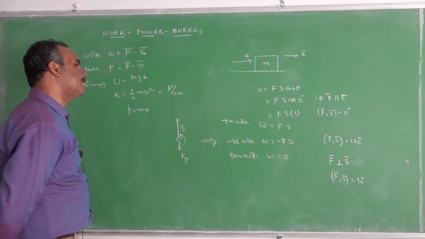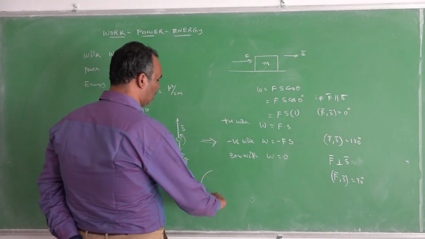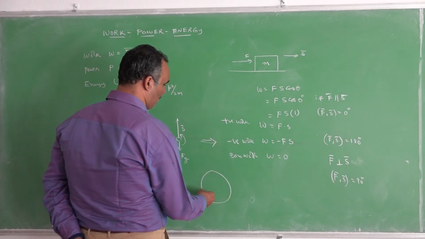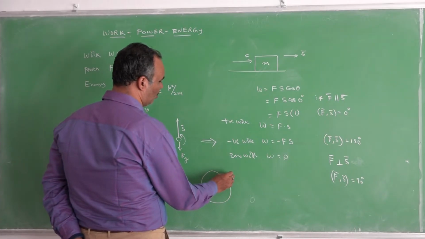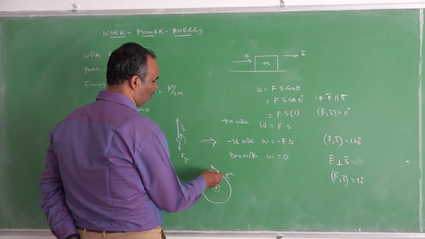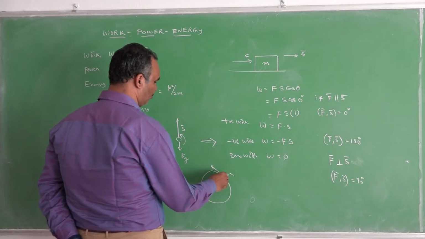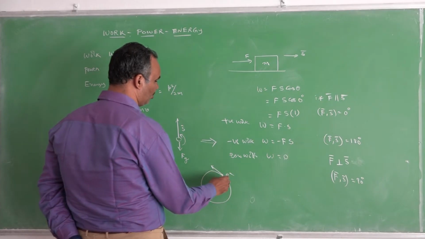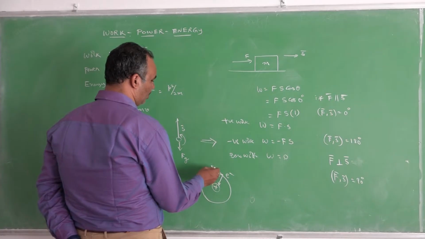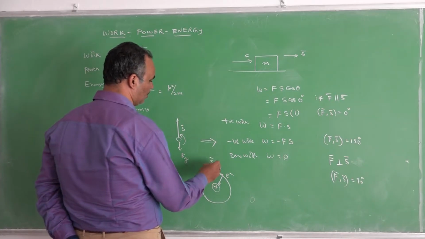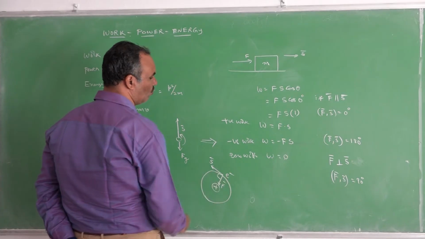Similarly, if you consider the motion of electron around the positive charged nucleus, electron is a negative charged element which is moving around the nucleus. Here, the force of attraction between electron and the nucleus is like this. The displacement is like this. So, force and displacement are perpendicular to one another.